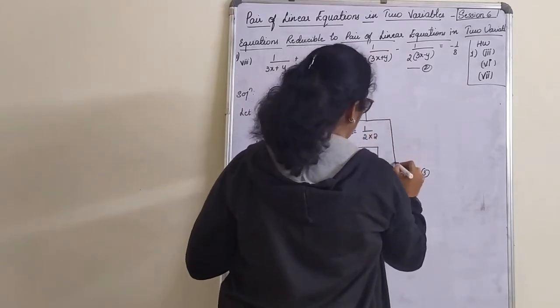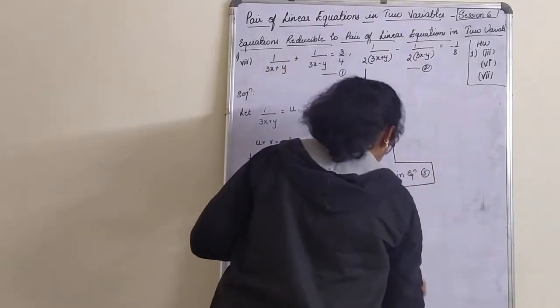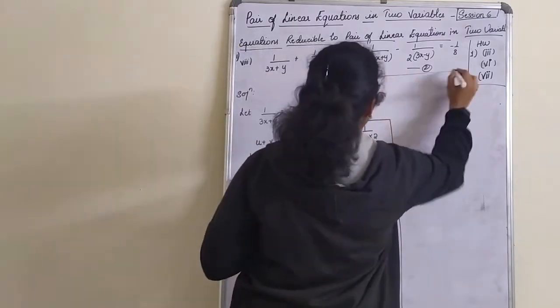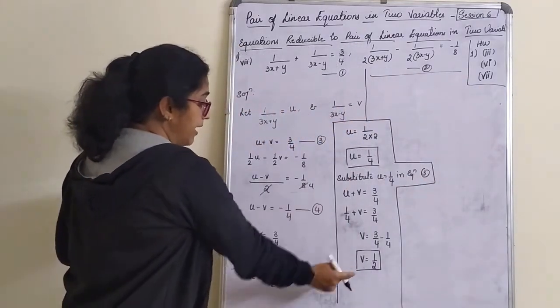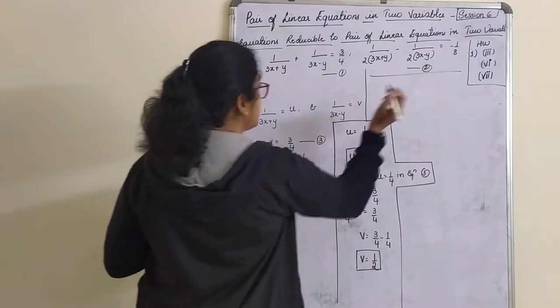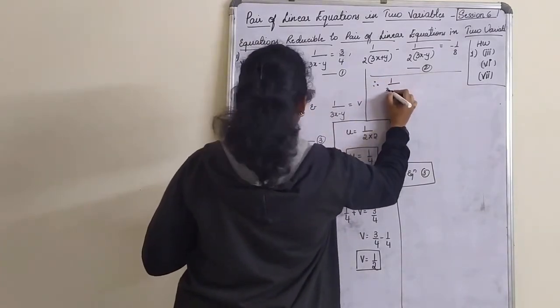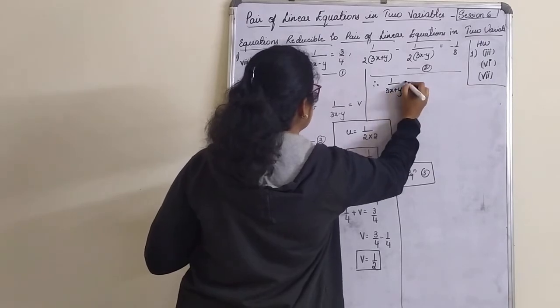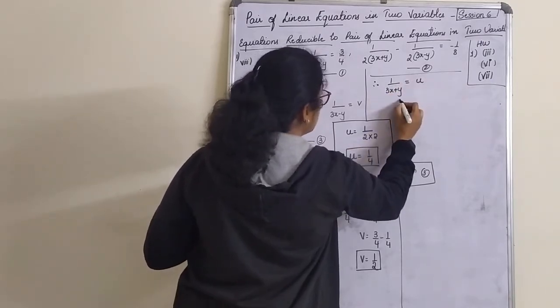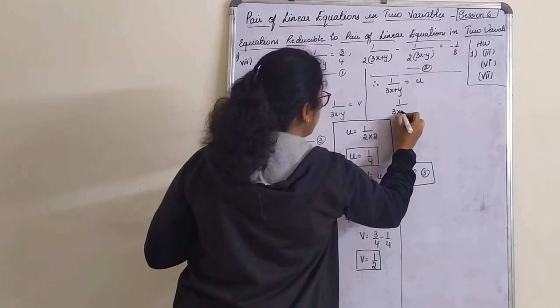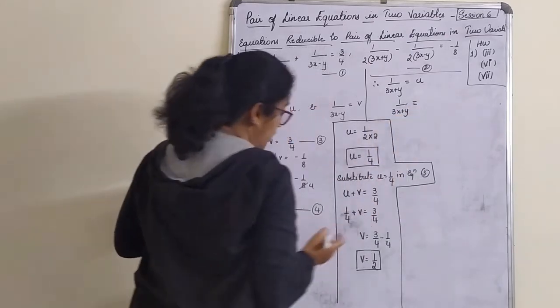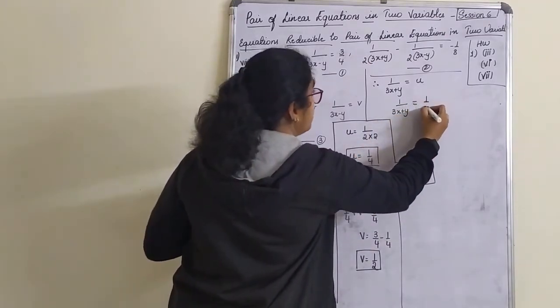So still the question continues, and we'll be doing it wherever the space is available here. Okay, so we got the u and the v value. Now substitute. Therefore, 1 upon 3x plus y is equal to u. So 1 upon 3x plus y is equal to, u is what? 1 by 4.